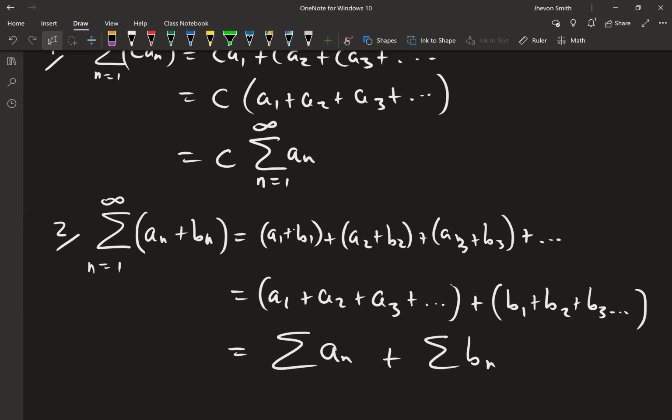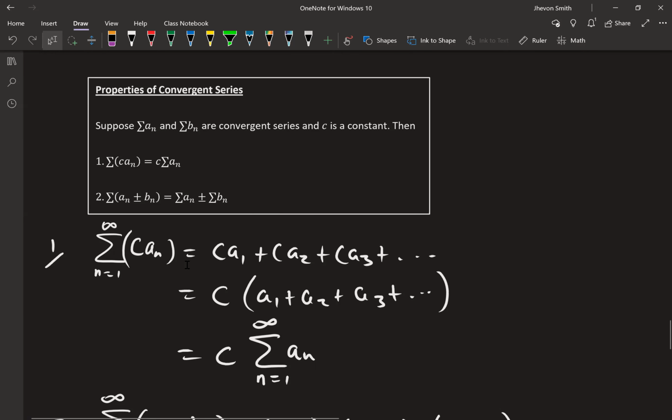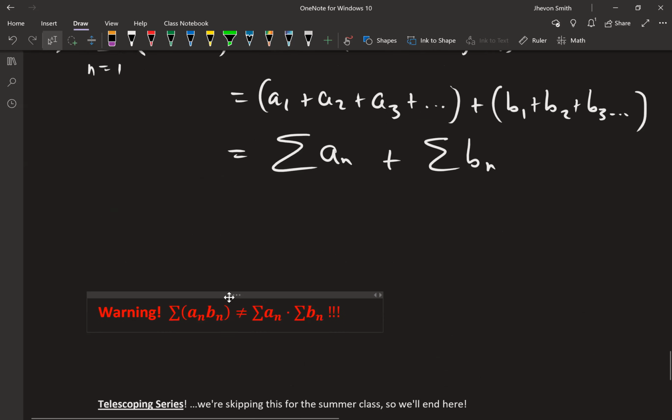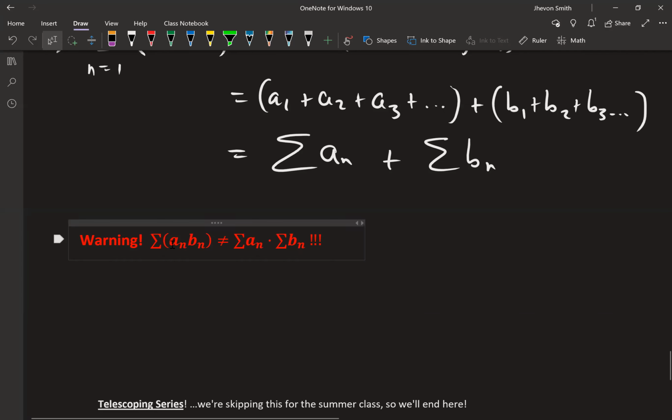It means that you can group terms, and it works out mathematically that the series can distribute across sums. Now, this reminds us of limits. We can factor constants outside of limits, and limits can distribute across sums, but that's pretty much where the similarity ends. Because here's something that would work with limits that exist, but it does not work with series.